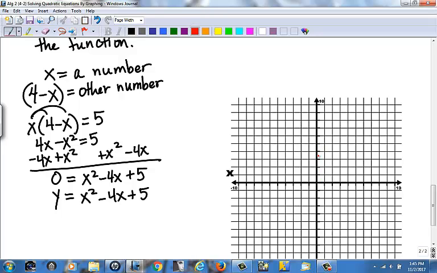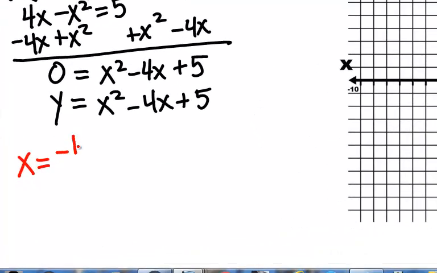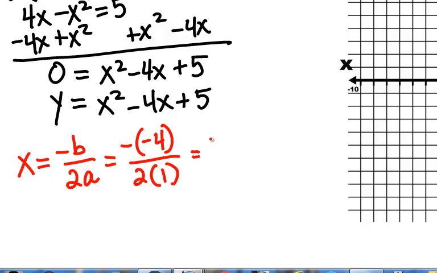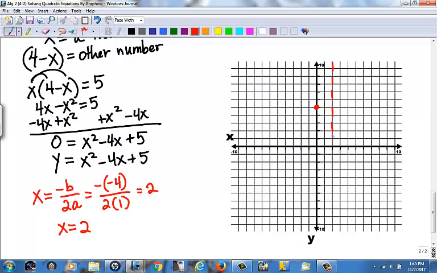So go up 5 and put a point. And we want to figure out our axis of symmetry. x equals the opposite of b over 2a. So it's the opposite of negative 4 over 2 times 1, which is 2. So x equals 2 is our axis of symmetry, and our vertex has to be on that axis.